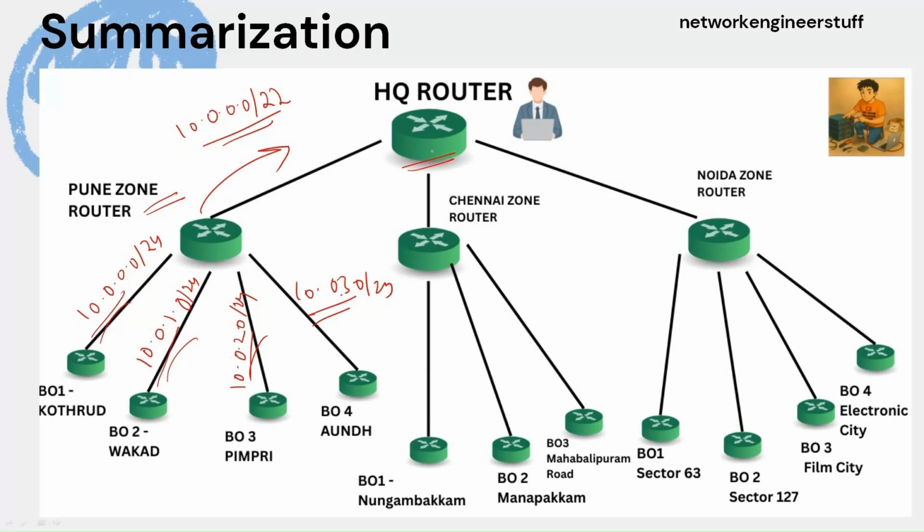Before summarization, individual routes were getting installed in the routing table of this HQ router. Now, this Pune zone router will send a summary of these routes, and in the routing table of the HQ router, rather than individual routes, a summary route will be installed.